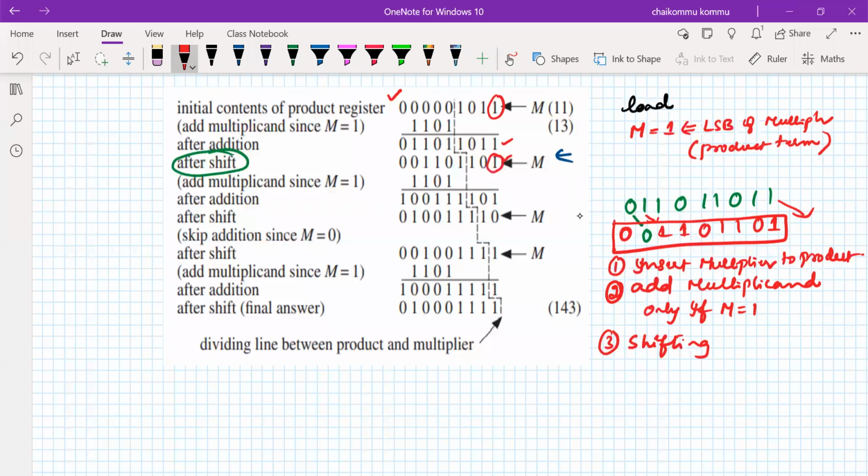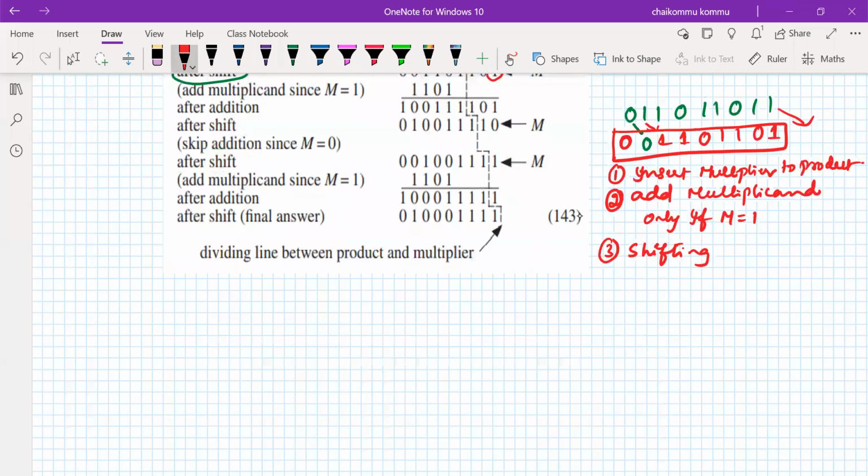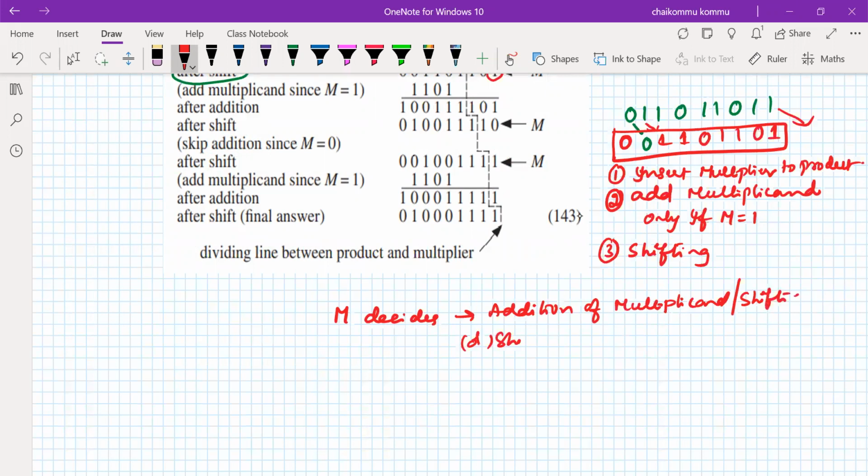So M decides either addition of the multiplicand and shifting, or only directly shifting is required. M decides that. We have to understand this very carefully.